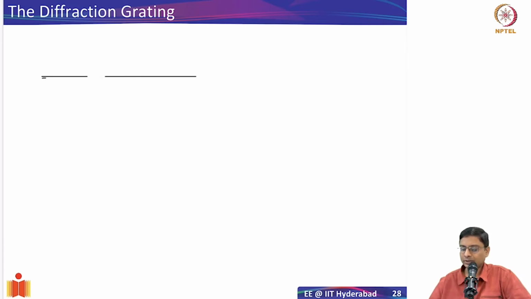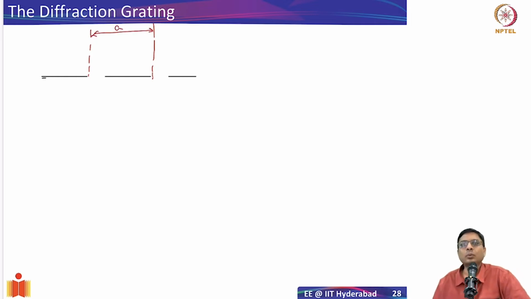Let's say I have two slits of this form, two slits of equal width. I'll also tell you that my periodicity, in this case, let me say this is A.